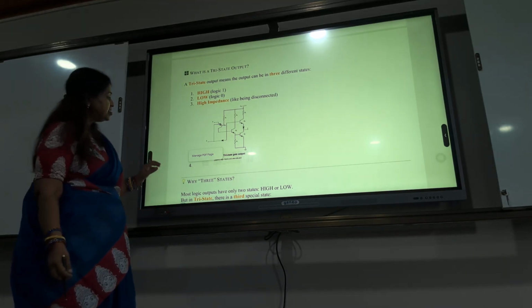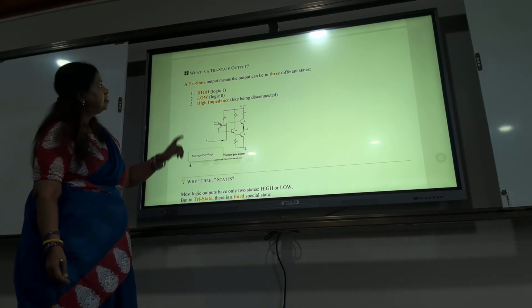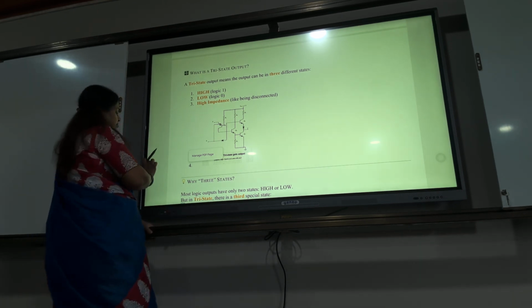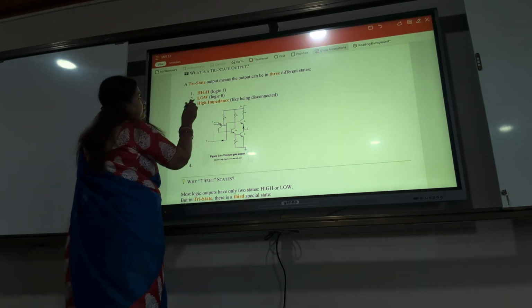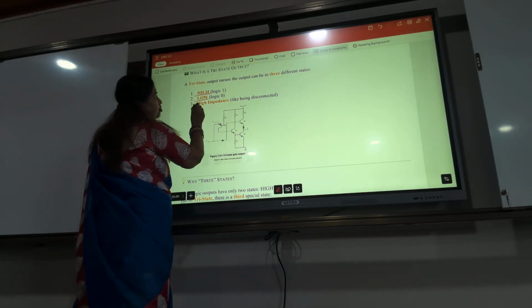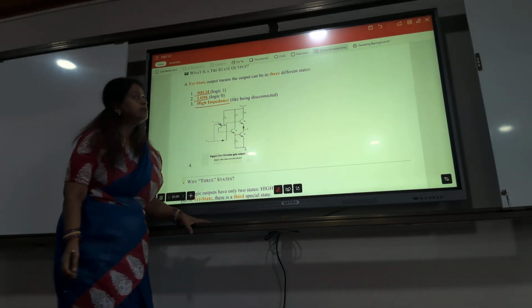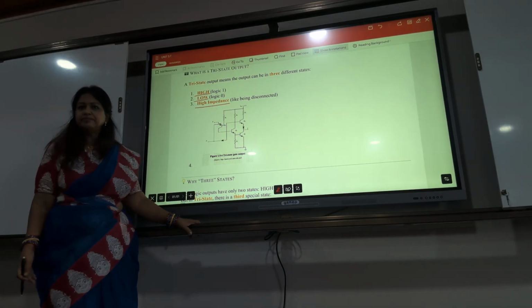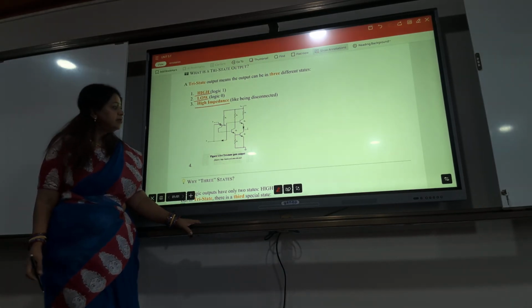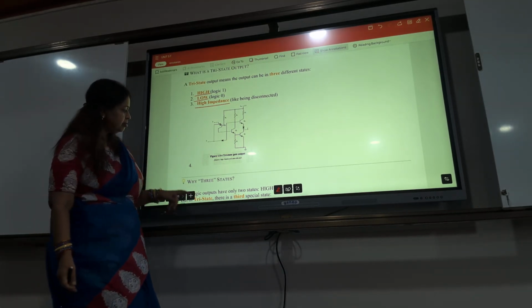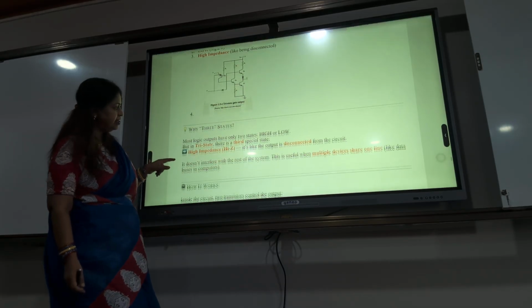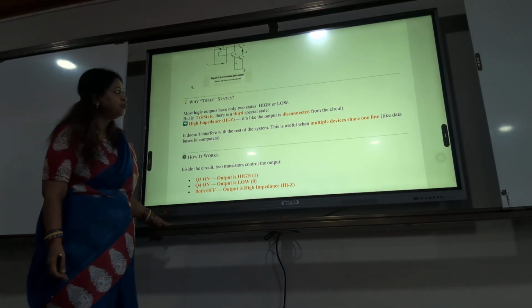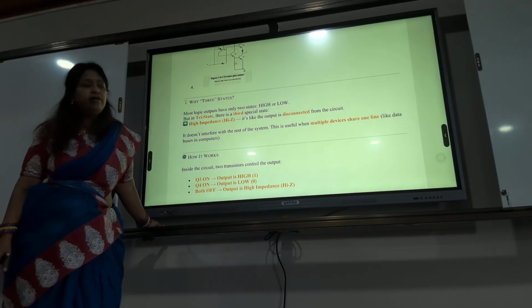So next is tri-state output. Tri-state means three states: high, low, and something like disconnected, high impedance. So tri-state is shown here. Why tri-state? Why three states? Most logic outputs have only two states, high and low.